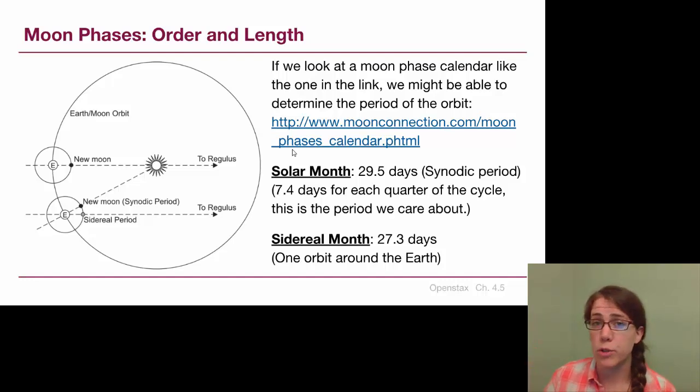And it's close enough to a month that in our brains, really all we need to think is that the moon phases take one full month to go through, because it's close enough for our purposes. And if we break that 29 and a half days down into 4 segments, then it takes 7.4 days for each quarter of the cycle. And so we can just put a week into our brain, and that will be just as good for us. So from full moon to third quarter takes a week, from third quarter to new moon takes a week, and so on.